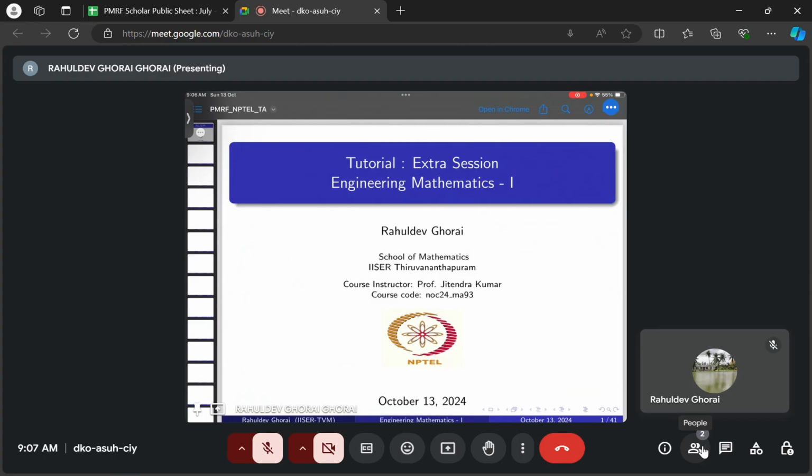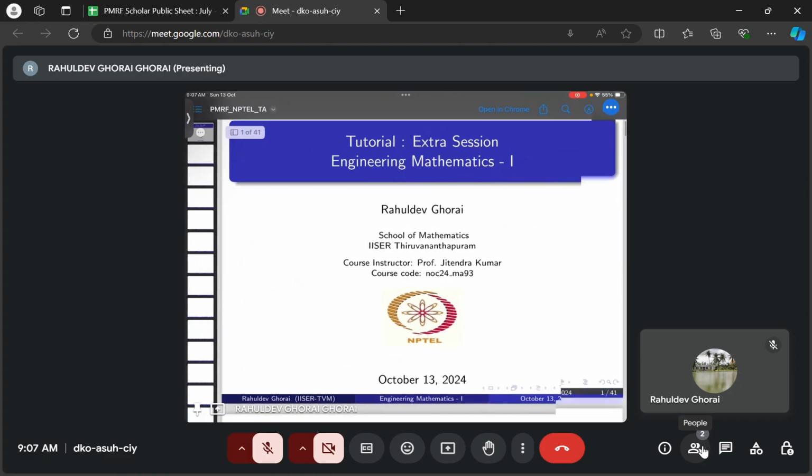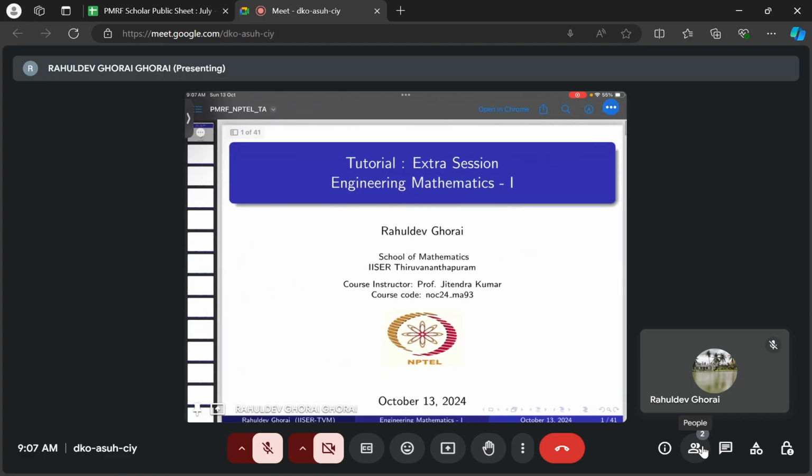So we'll start today's session with some differential equations, which we discussed in the last session also.